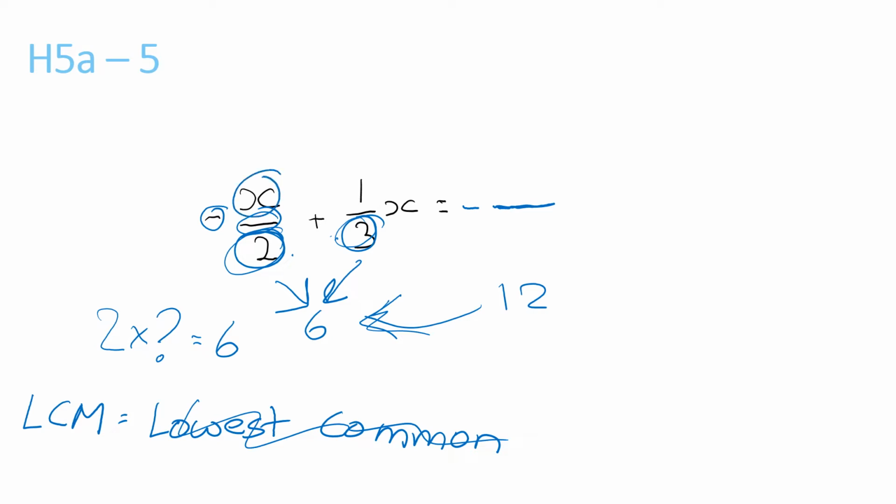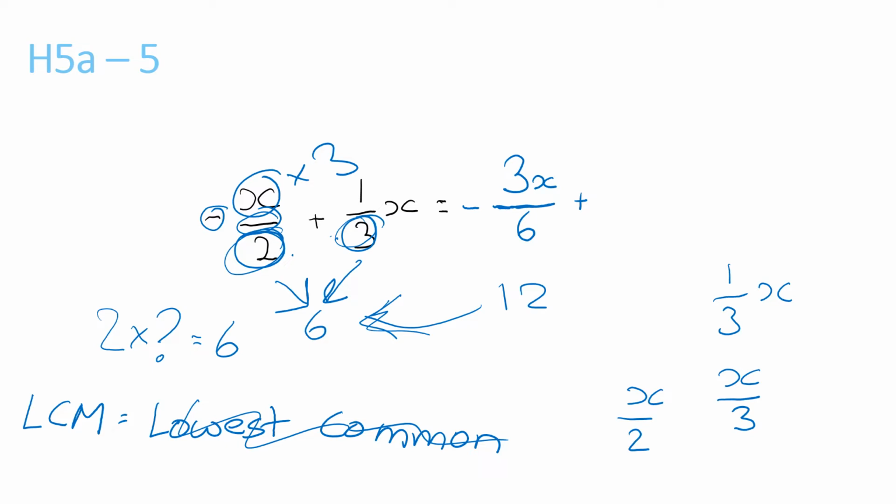So you times the top one by 3, so it would be 3x over 2 times 3, which is 6, plus 1 over 3x. You know, 1 over 3x could be written as x over 3. The same with 1 over 2x.